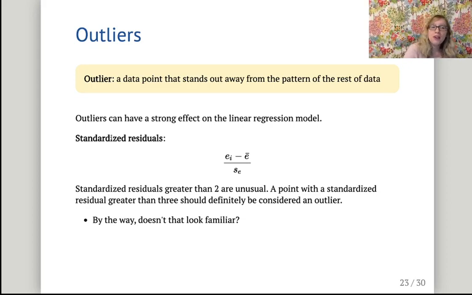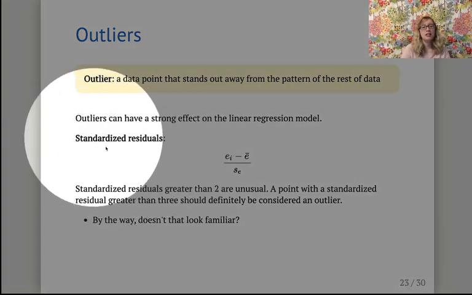So one thing that we want to look at in the data, or something that can cause problems in linear regression, are outliers. Outliers are data points that are pretty far from the pattern of the rest of the data. One thing that we might use to help us decide whether or not a point is truly an outlier is a standardized residual.